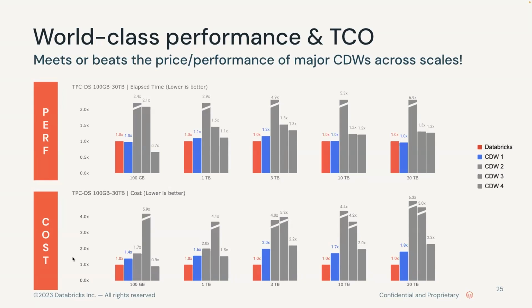No matter if you are running any queries or asking any question on Databricks SQL, whether against 100 GB data or 30 TB data, overall cost is comparatively cheaper than all the different cloud data warehouses.